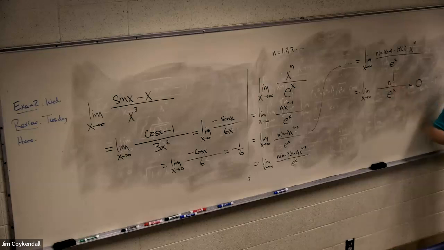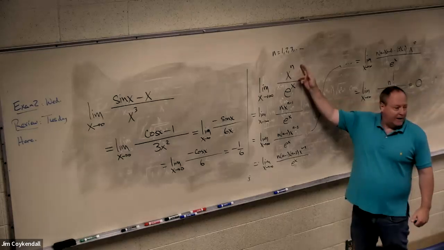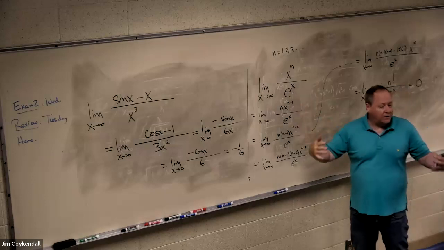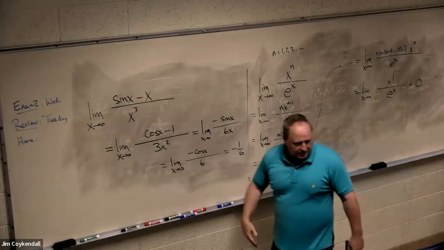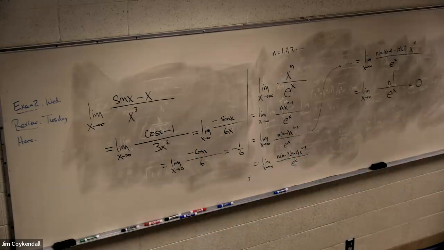The exponential goes to infinity. So no matter how big the power of x, the exponential eventually kicks its butt. Right? And that's why we say exponential growth always overpowers polynomial. Any questions?